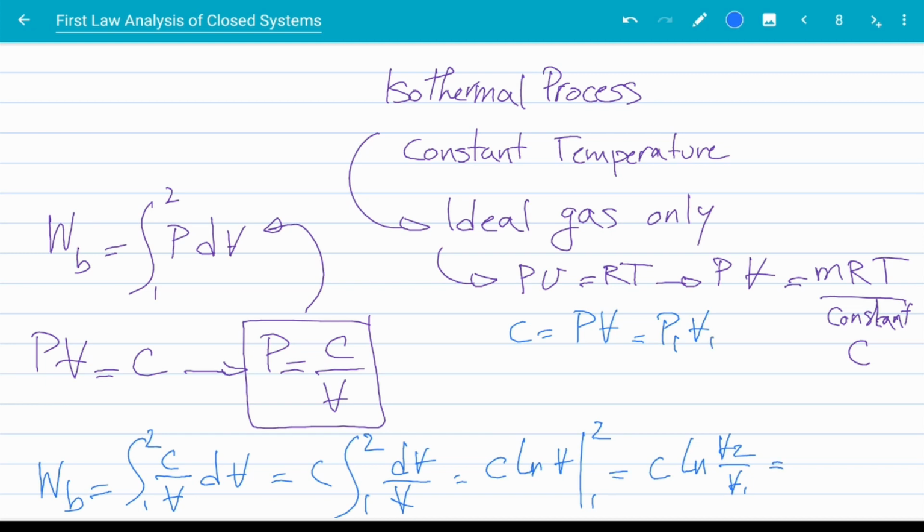So P1 V1 natural log of volume 2 over volume 1. Now the boundary work for an isothermal process for an ideal gas is P1 V1 natural log of volume 2 over volume 1.